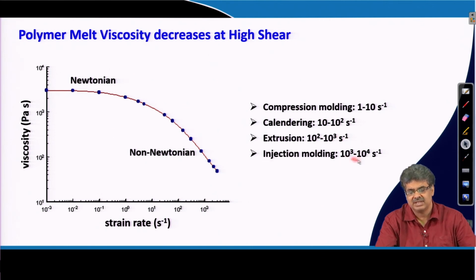Injection molding has the highest strain rate, 1000 to 10,000 per second. So, we now know how to make different types of products from a polymer which has been synthesized by different processes.